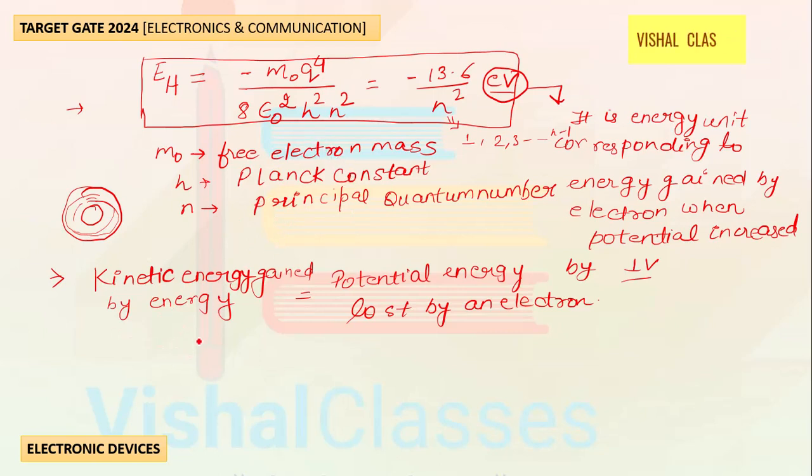So kinetic energy gained by an electron is equal to potential energy lost by an electron.